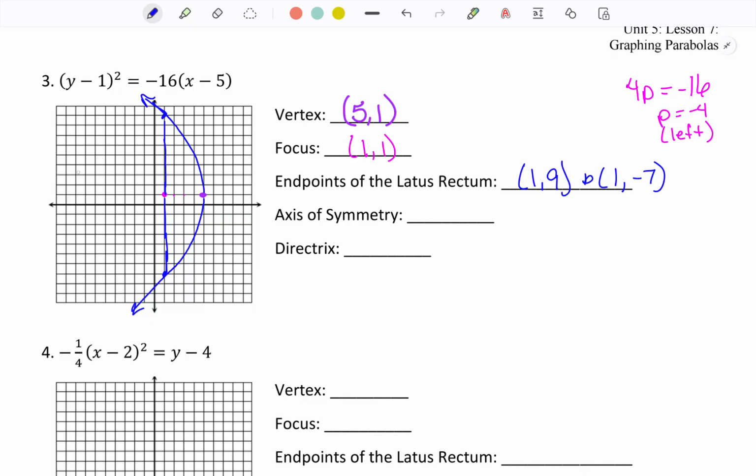And so our axis of symmetry is going to use the y of that vertex. And so that is going to be y equals 1. And then the directrix is going to be 4 units away from the vertex. So 1, 2, 3, 4. And so that gives us x equals 9.